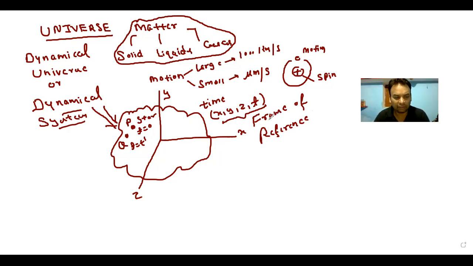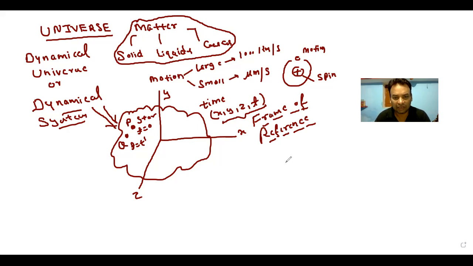So in the dynamical universe, when everything is moving, it is necessary to fix something. And this is a purely imaginary system, the X, Y, Z coordinate system, or frame of reference. It's not a material system. It is not made up of any wires or steel.